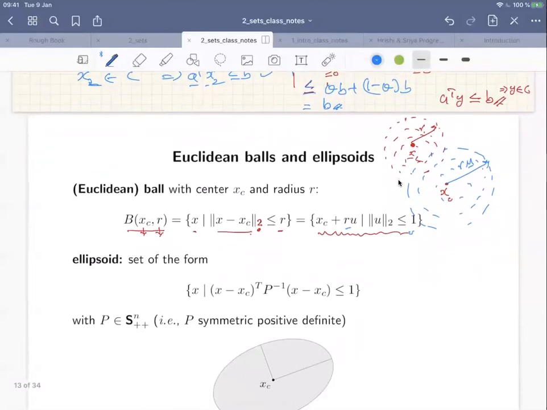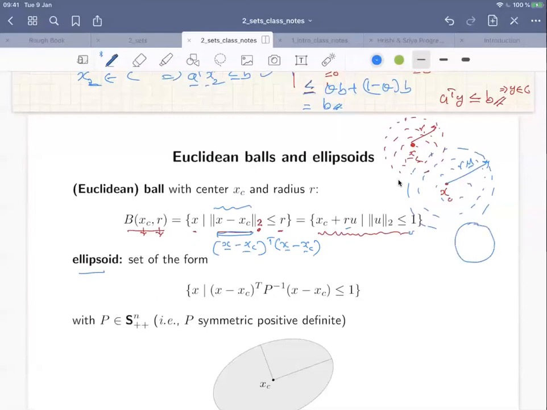Now, ellipsoid. What is an ellipsoid? Here you can write this quantity as (x minus xc) transpose (x minus xc). This was the Euclidean norm. Now we saw that the Euclidean norm is symmetric, right?